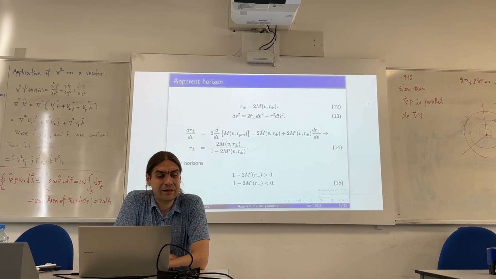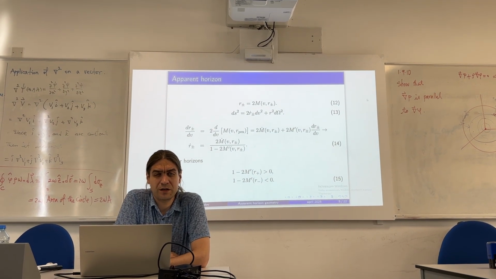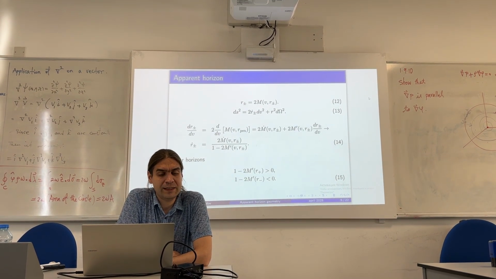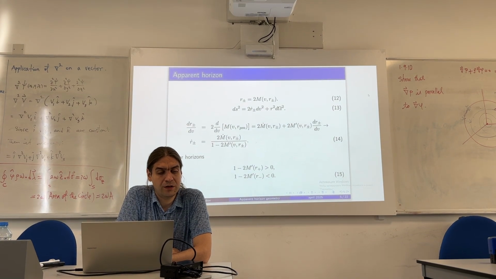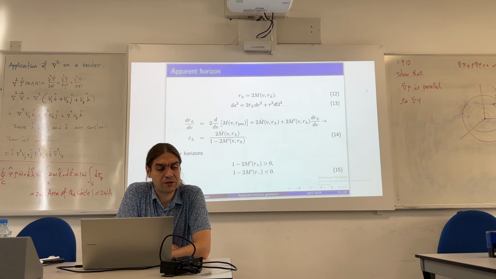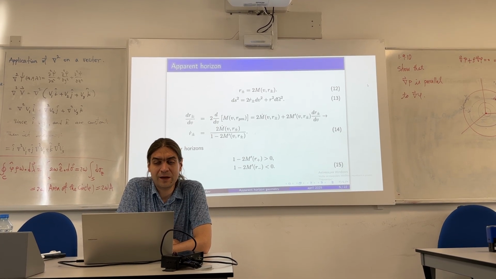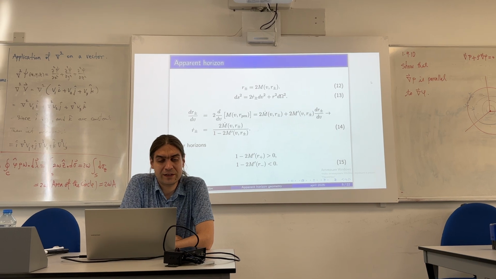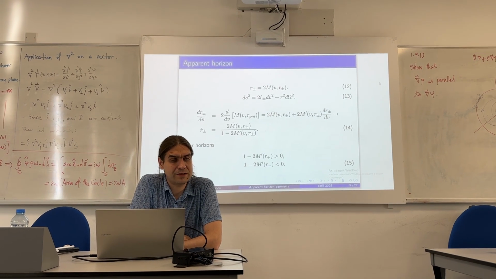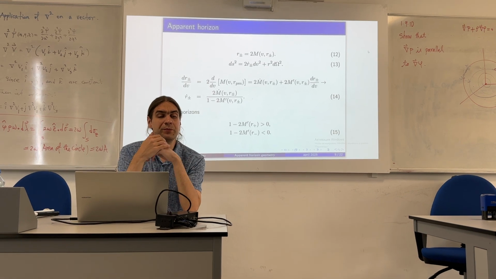However, then the apparent horizon evolution depends on this m dot. And if the energy condition holds, then just look what's going on. If the energy condition holds, then m dot is greater than 0, then r plus dot will be greater than 0, and it's expanding. So there is no evaporation. It's okay, it's the usual picture.